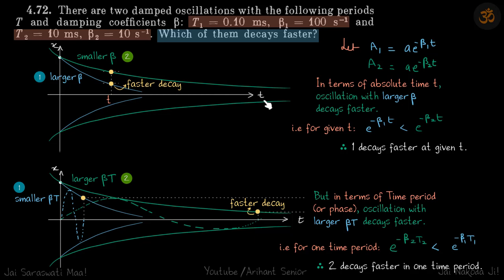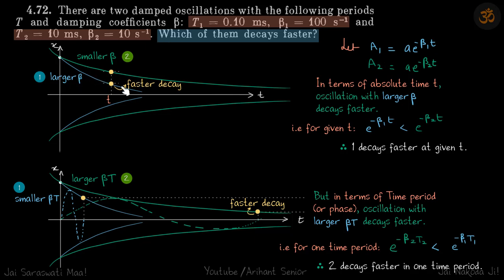Initially, when we are talking about absolute time, we just need to compare these two. Here A is the same, small t is the same. So beta determines which one will decay faster. And we know higher beta means less amplitude. So if beta is higher, that one will decay faster.